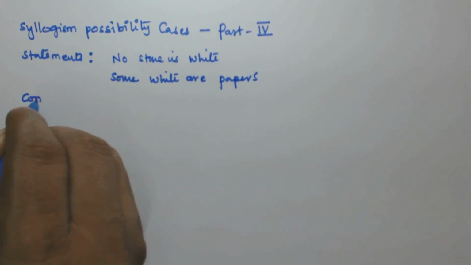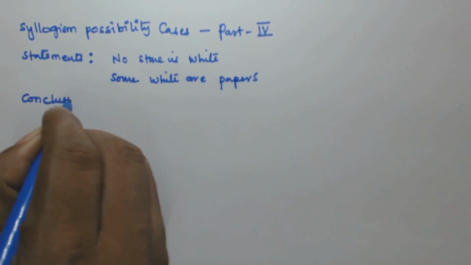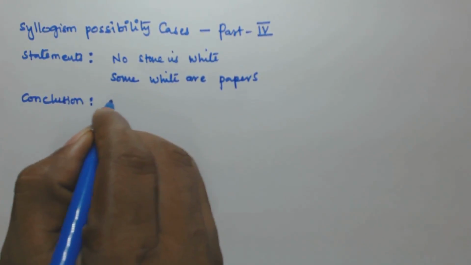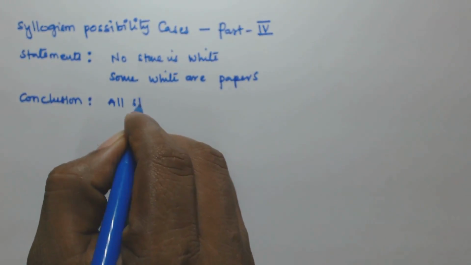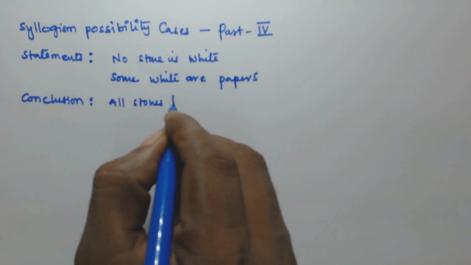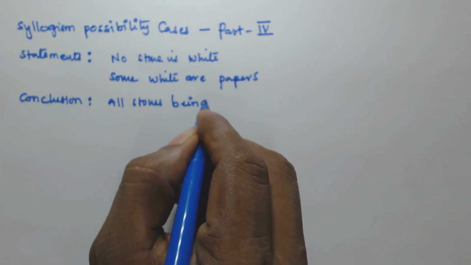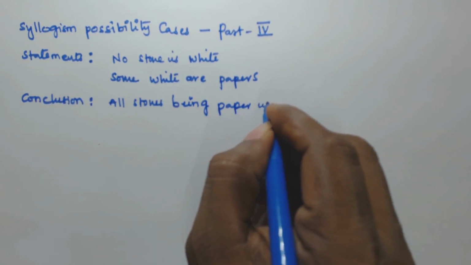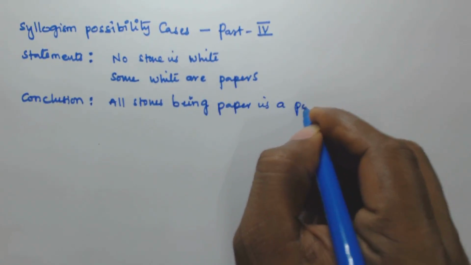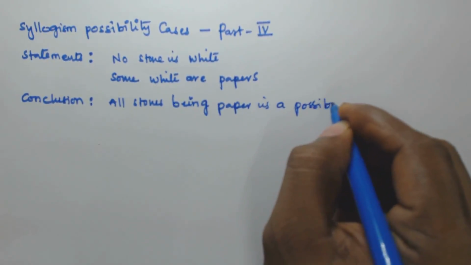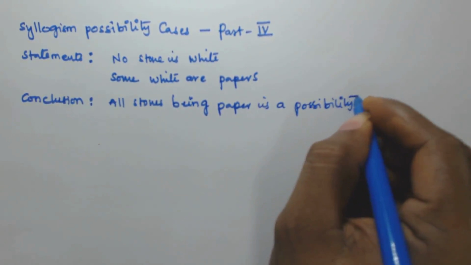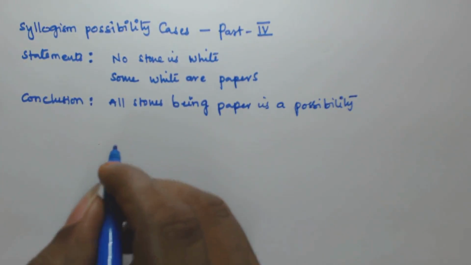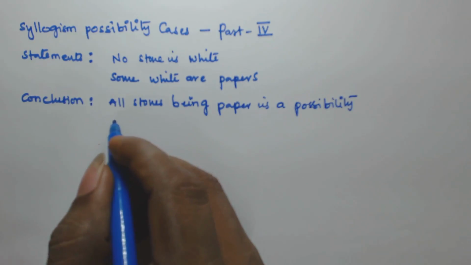And the given conclusion is: all stones being paper is a possibility. So now we have to find whether this given conclusion is true or not.